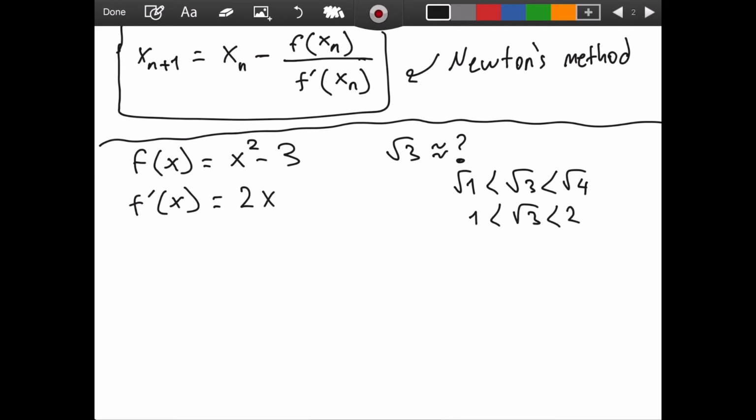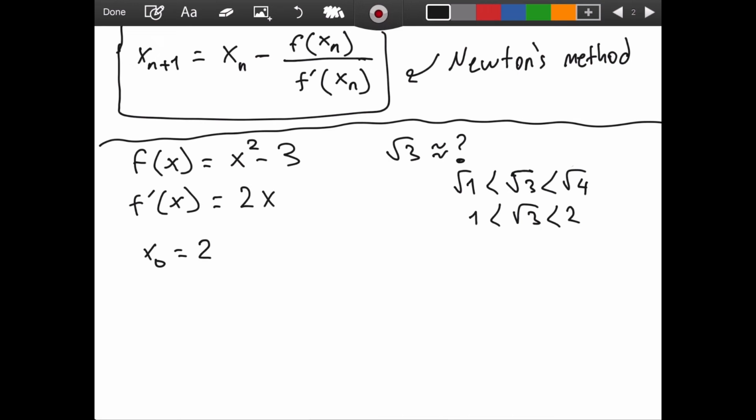And it looks like it is closer to 2, right? Because, when you compare these numbers, you see that the square root of 3 is probably closer to the square root of 4. Alright, so with that in mind, let's choose our x0 as 2.